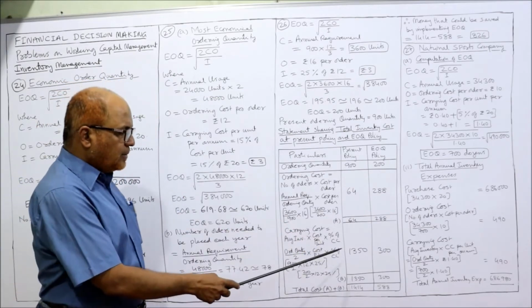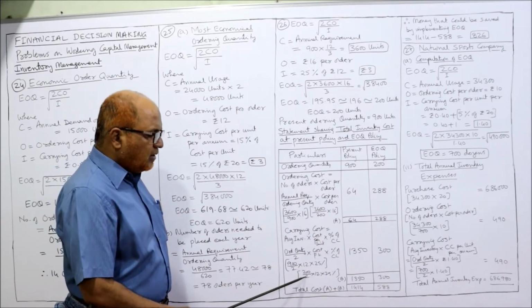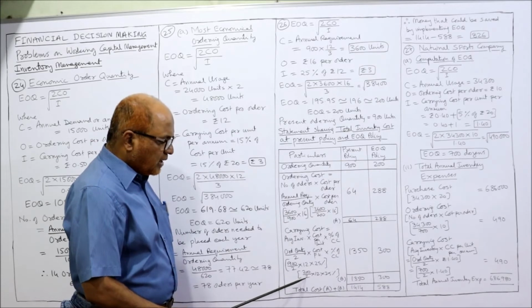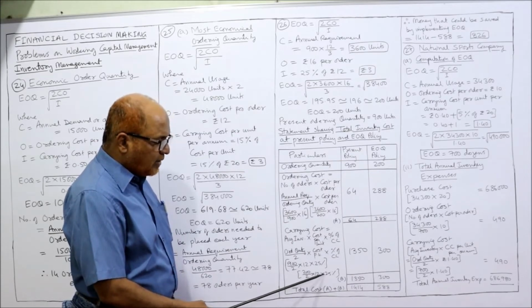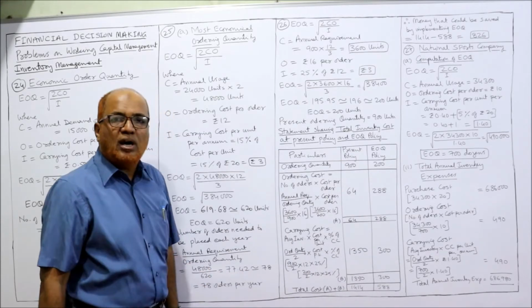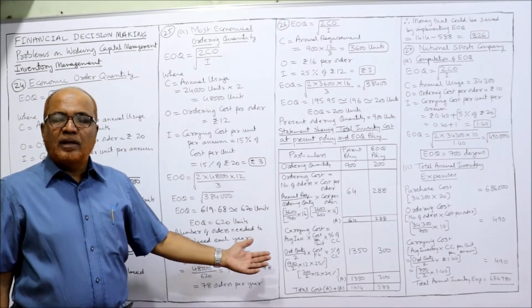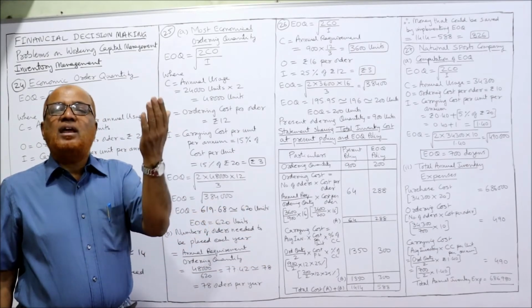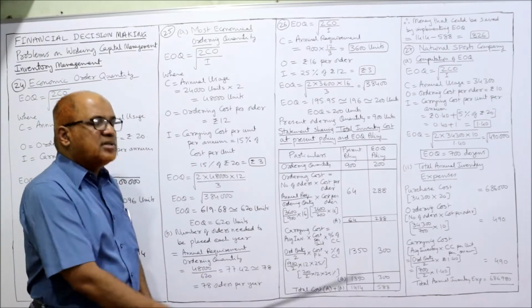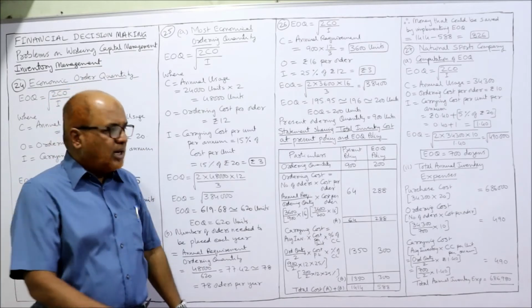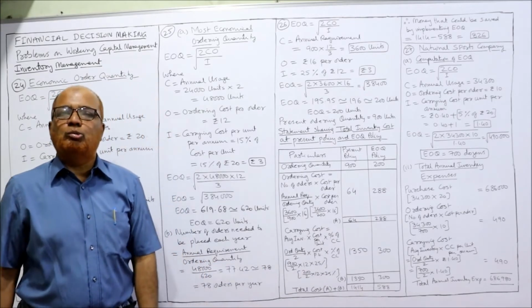Now the EOQ policy: 200 divided by 2 into 12 into 25% comes to only 300. So we can compare here: the carrying cost is very high in the present policy, but it comes down to only 300 rupees in the EOQ policy.